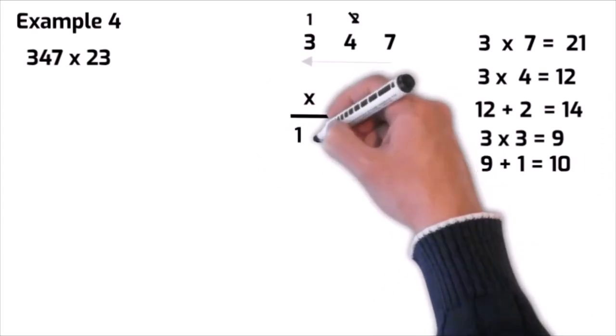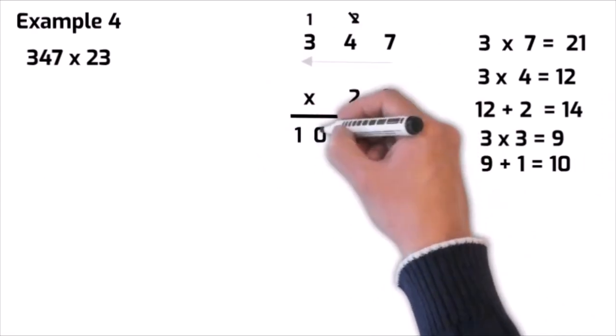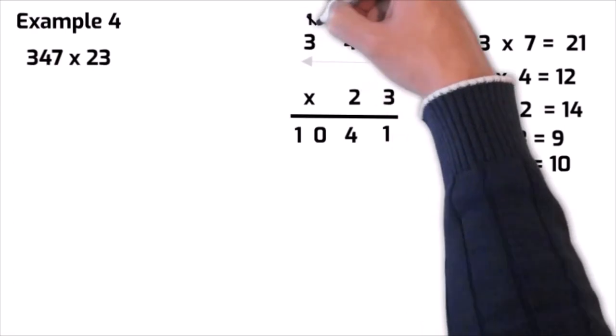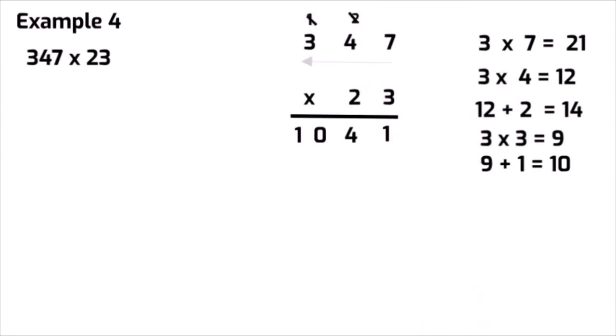We write down 10 and cancel 1 because we don't need 1 anymore. We are done using 3, which is our first multiplier. Next, we will use 2. 2 is our second multiplier.